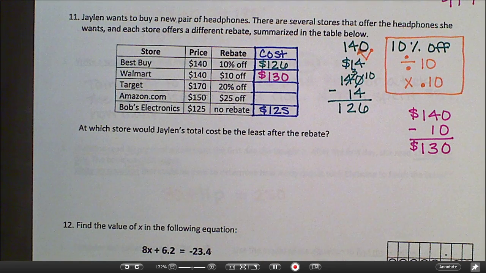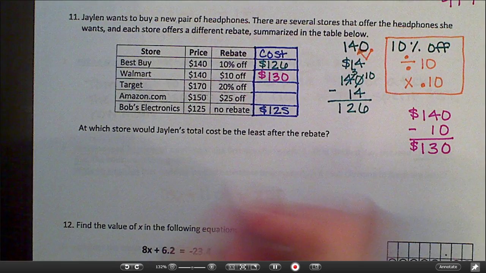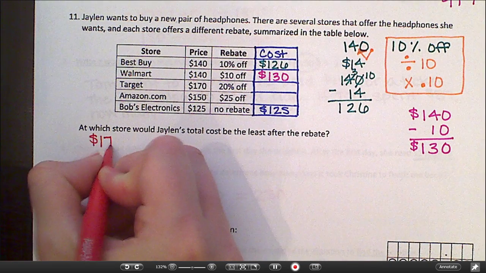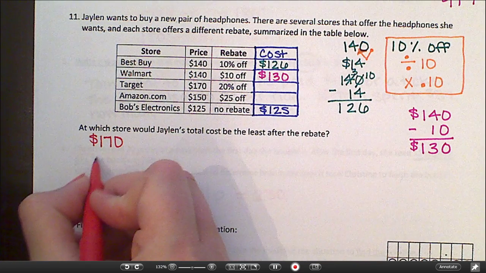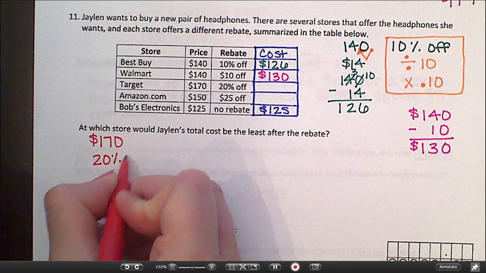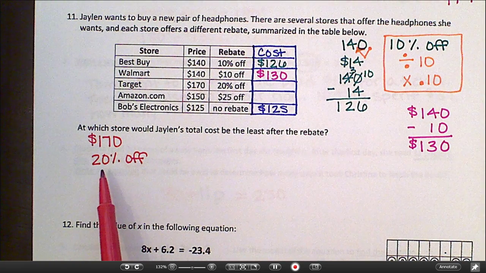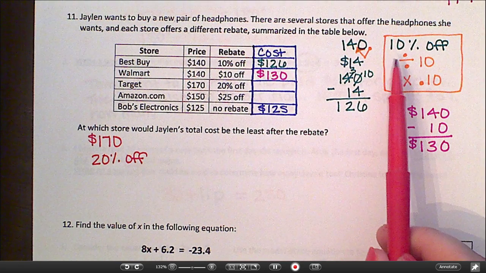Let's look at Target. Target charges $170, and they're willing to give me 20% off. Okay, now this is 20%, so I can't just use my decimal point moving trick.